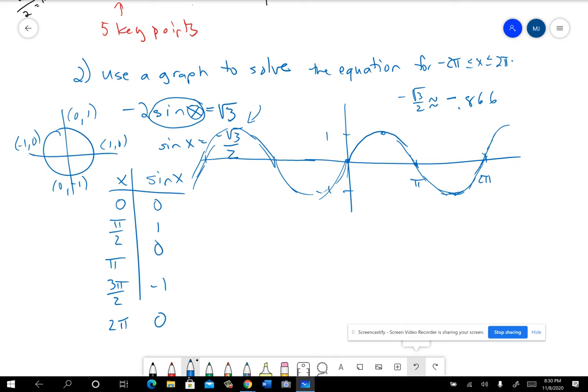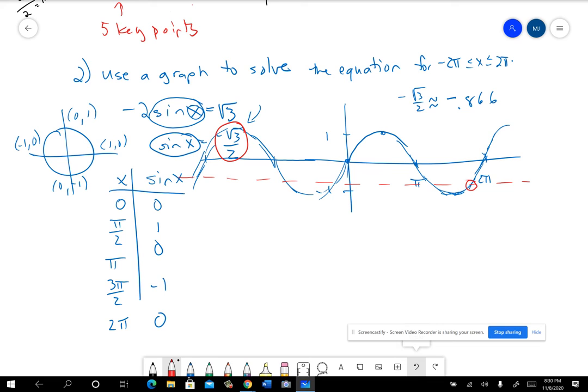So what we just graphed in blue was y equals sine x. And I want you to think about the right side: graphing y equals negative square root of 3 over 2 would be graphing this line down here, down at negative 0.866.